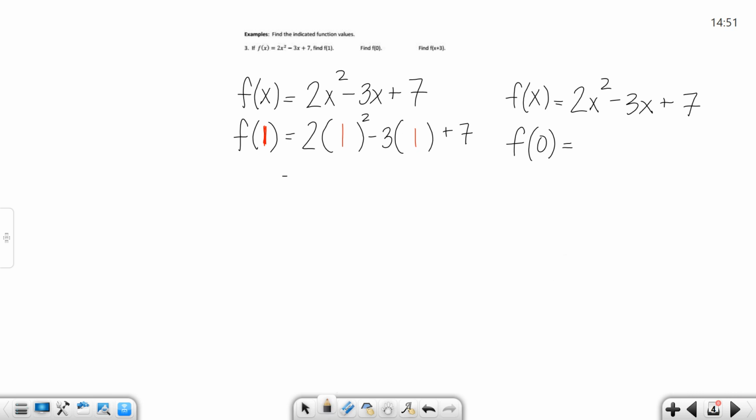And then I just solve it out. So this is 2, and I work on the 1 squared. 1 squared is 1, minus 3 times 1 plus 7. With your order of operations, it says do exponents first. So that would be 2 minus 3 plus 7. That would give me the answer 6.